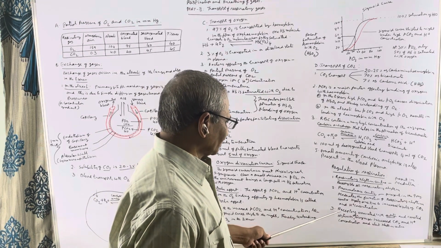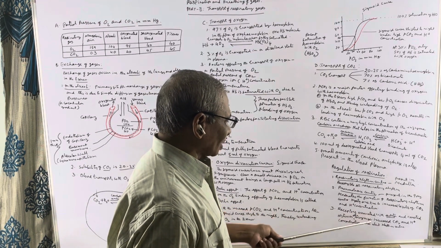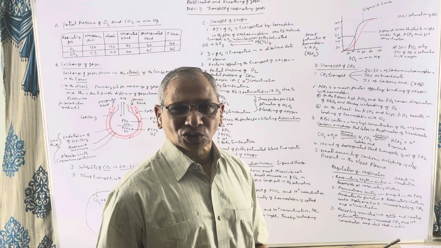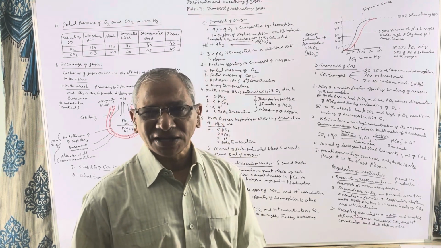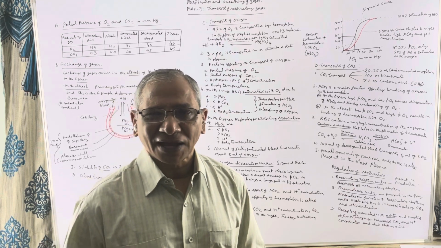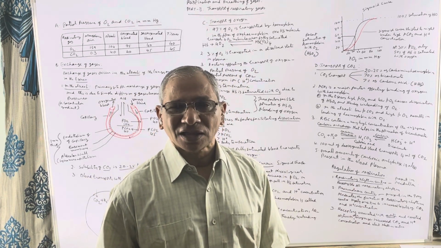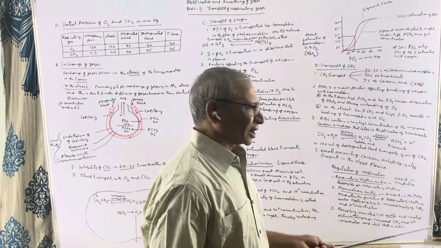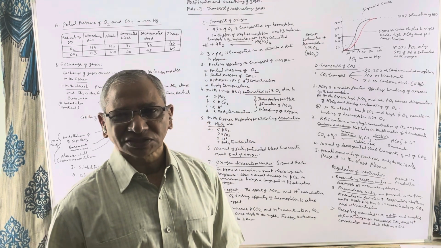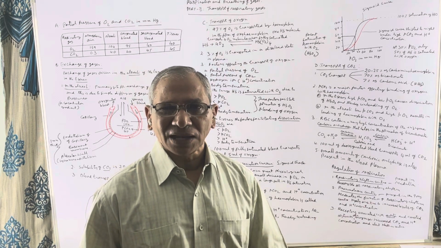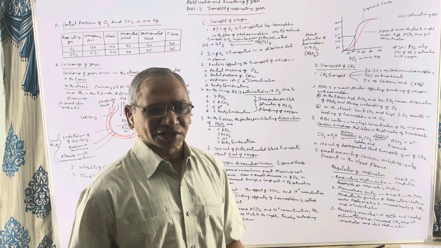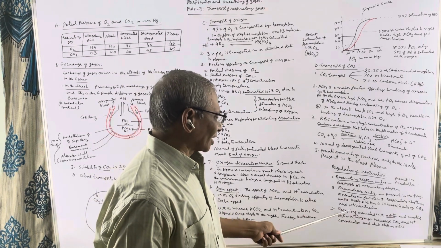Then, there are also some sensitive receptors. They are present in the aorta. Aorta is the main blood vessel that carries oxygenated blood away from the heart. Then, carotid arteries. Carotid arteries carry blood to the brain and other parts of the head. So in the aorta and carotid arteries, there are some receptors.